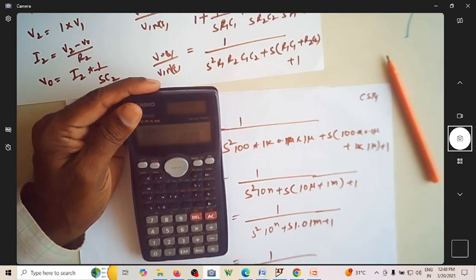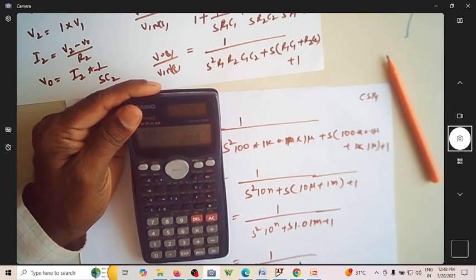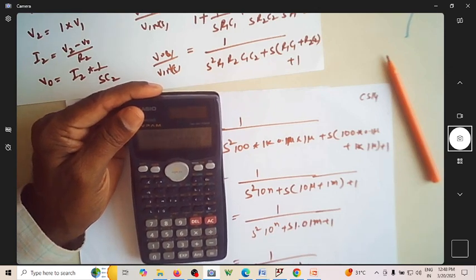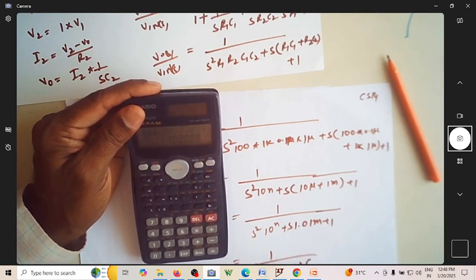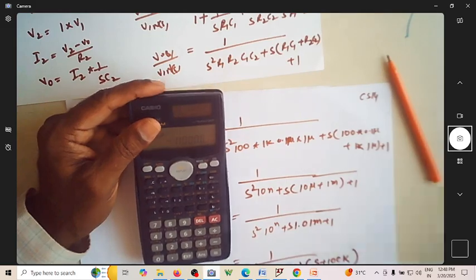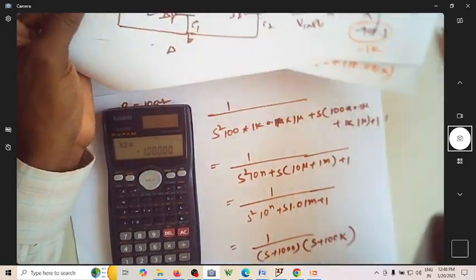If you solve for the roots, so 1 is s plus 1000, and what is that? Now I think I made a mistake there. This is supposed to be at s plus 10,000. Correct? So are we getting what is intended?